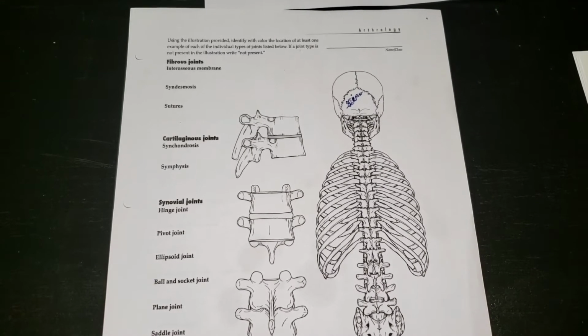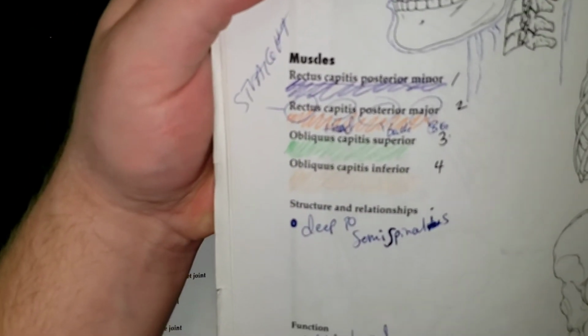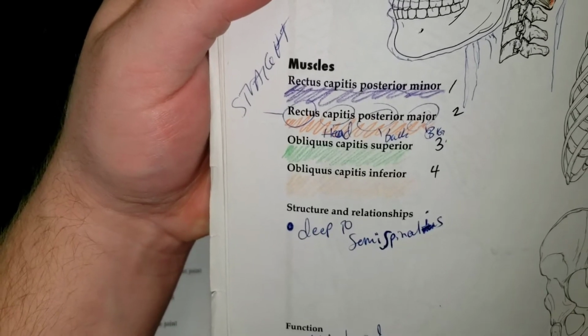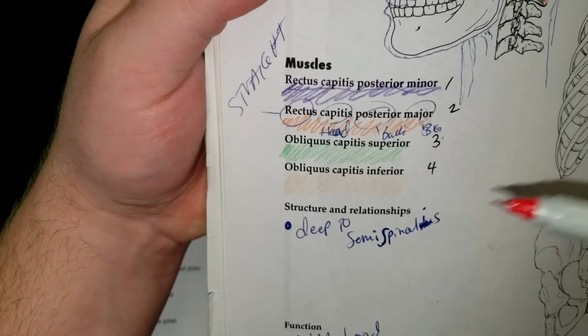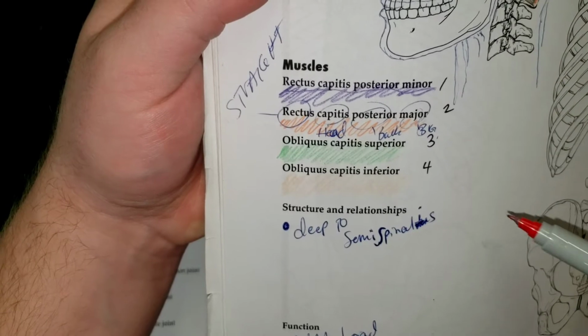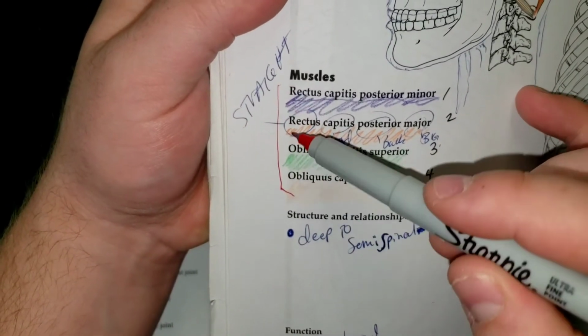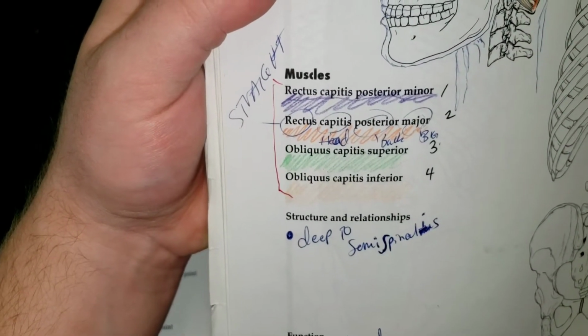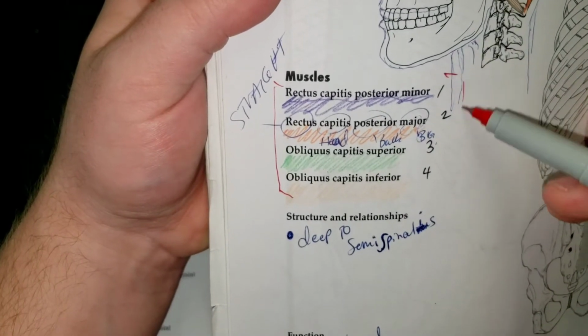I'm going to give these to you guys. Please take notes on them. They're right here, these first 4 sections, 1, 2, 3, 4. Remember these, and you will do fine on your final and also in life because you need these muscles.